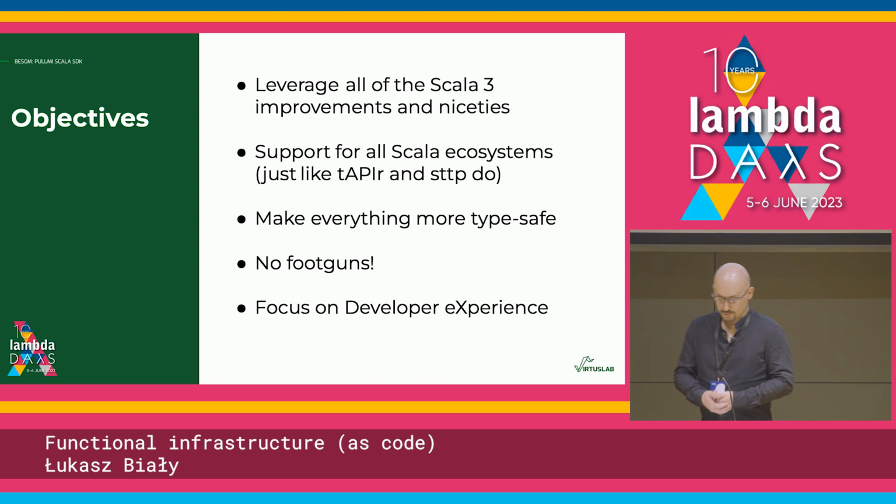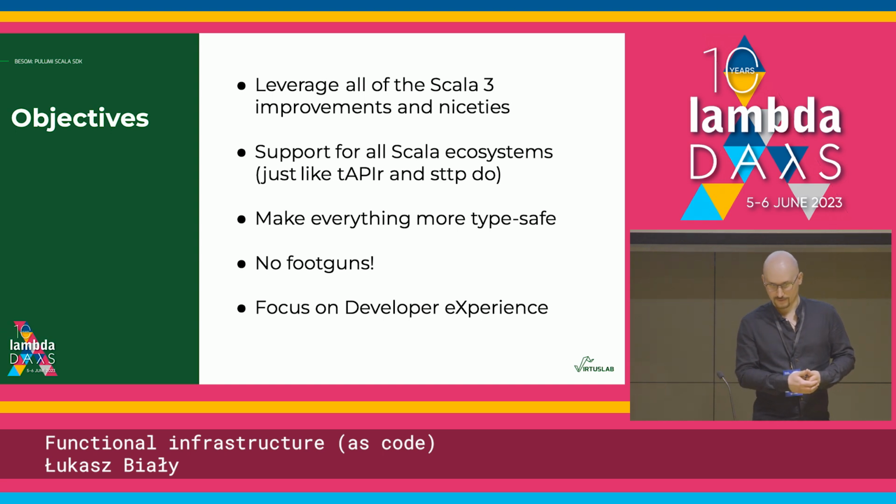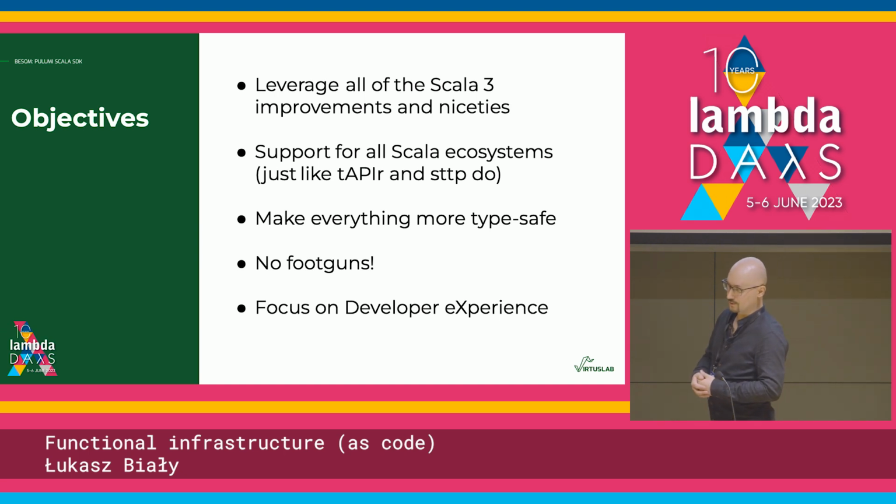So we wanted to support both functional ecosystems and less pure functional ecosystems as well. And the obvious thing is we wanted to make everything more type safe, and also we wanted to avoid some of the foot guns that we have already encountered in Pulumi APIs that already exist.